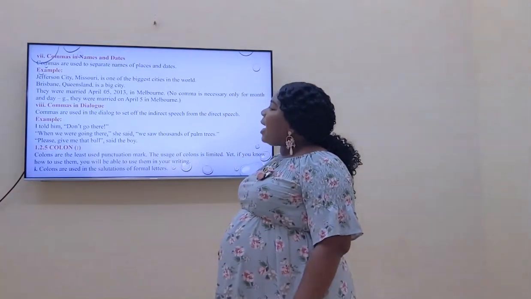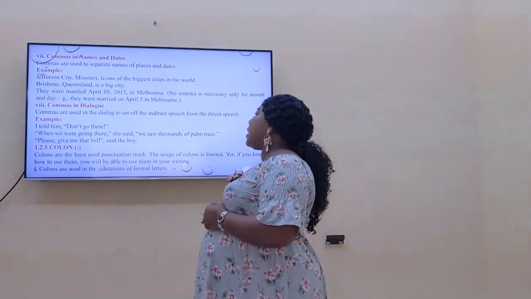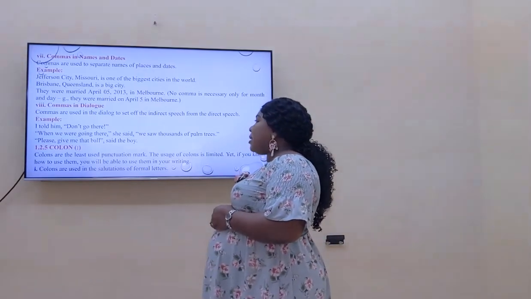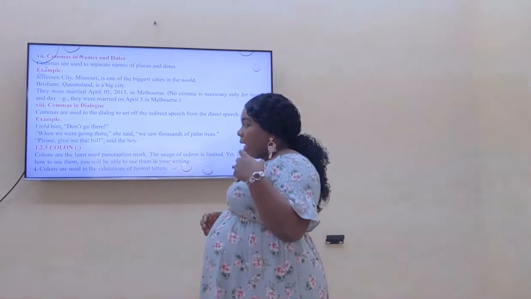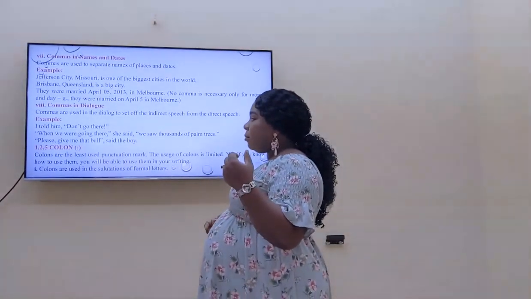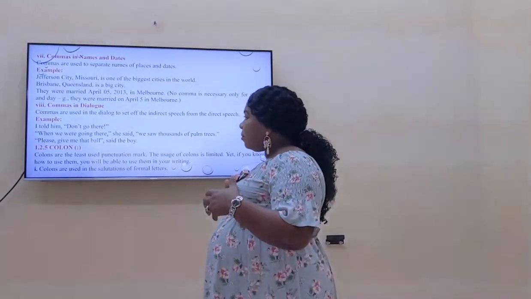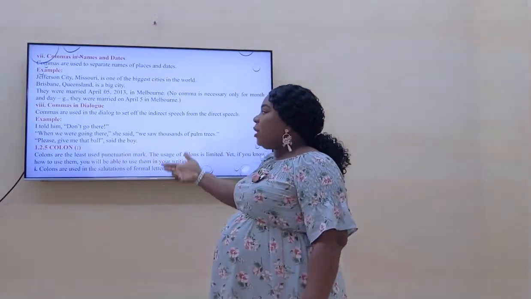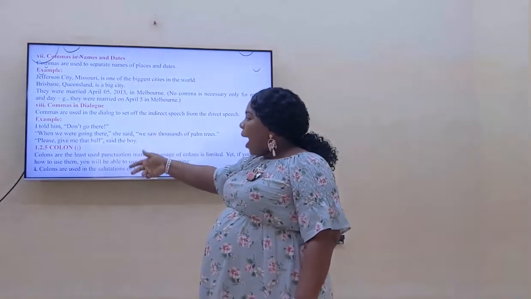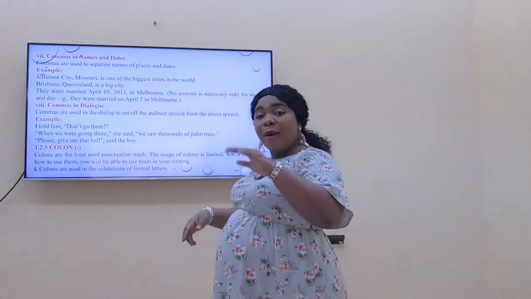Right? Commas in dialogue. Commas are used in dialogue to set off the indirect speech from the direct speech. Example, I told him, don't go there. When we were going there, she said, you see how I'm reading it?